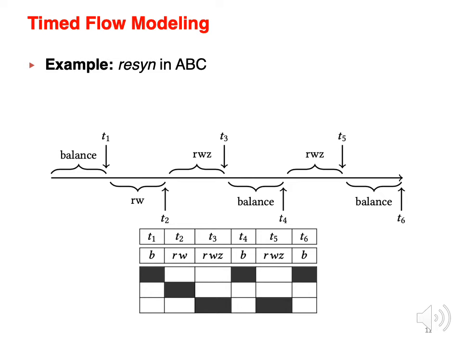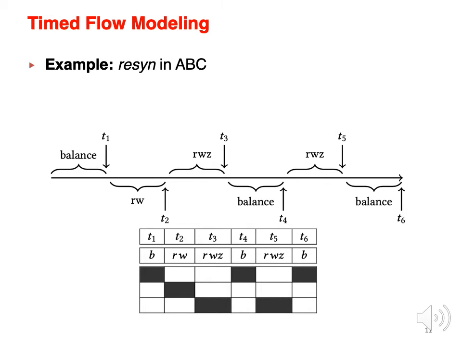Let's get into the details of our proposed approach. As mentioned earlier, any flow includes a set of transformations that are performed iteratively. We illustrate the concept of a timed model of synthesis flows, which is used as the feature representation for our model training and inference. Specifically, we pick the default ABC flow resyn, which has 6 different transformations, to illustrate this model.